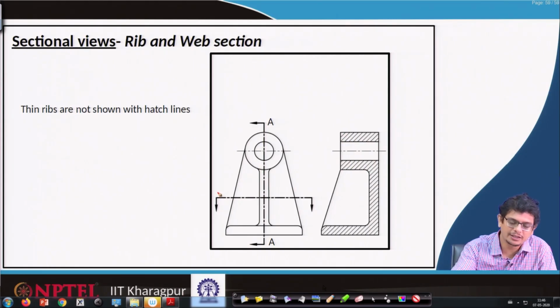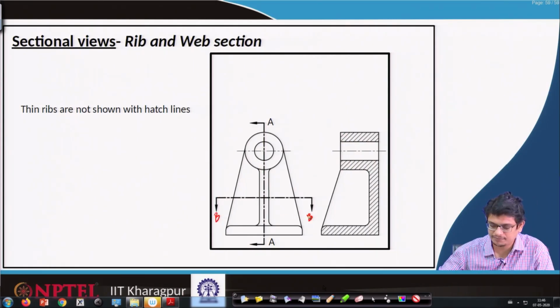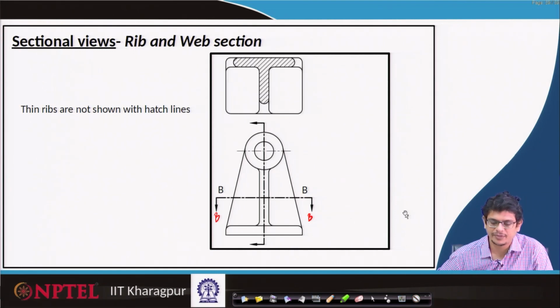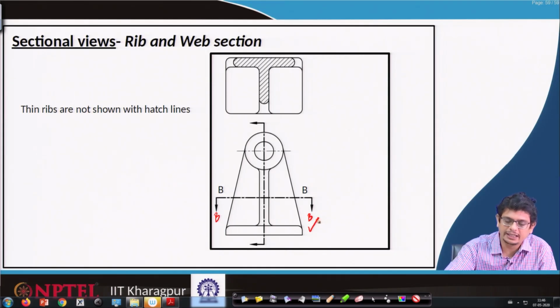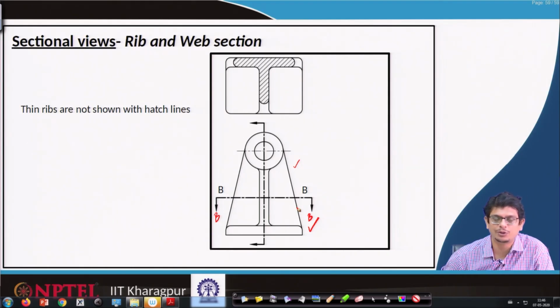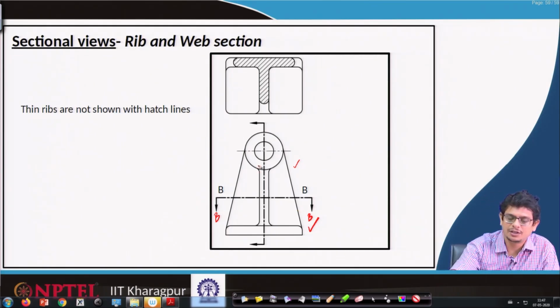Now, let us look at section BB representation. Retain this, remove this top portion, when we slice it passing through B, normal to the computer plane. From the top view, if we visualize how it looks, because it is a tapered one, we have removed that material up to that portion.